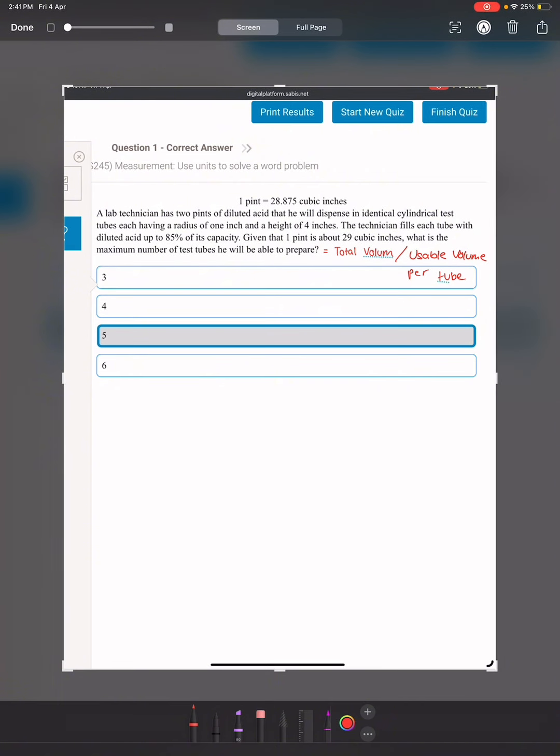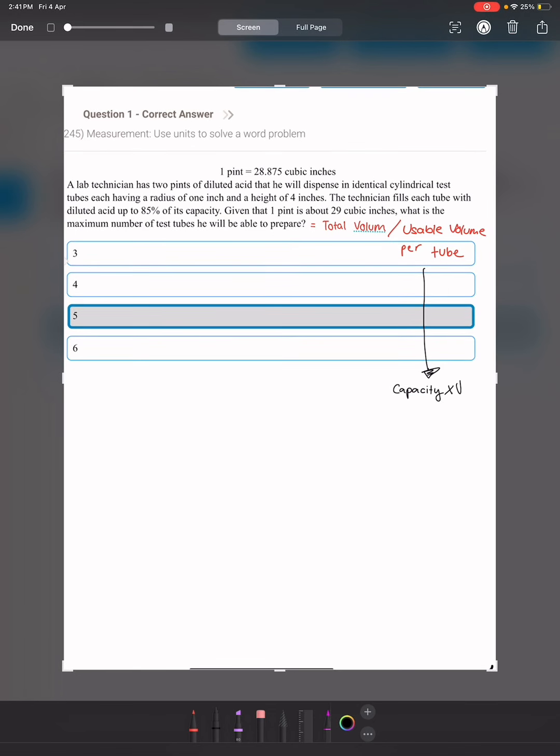To find the usable volume per tube, there is a formula: capacity multiplied by the volume of one tube. The capacity they gave us is 85%, so that's basically 0.85. You multiply it by the volume of one tube.